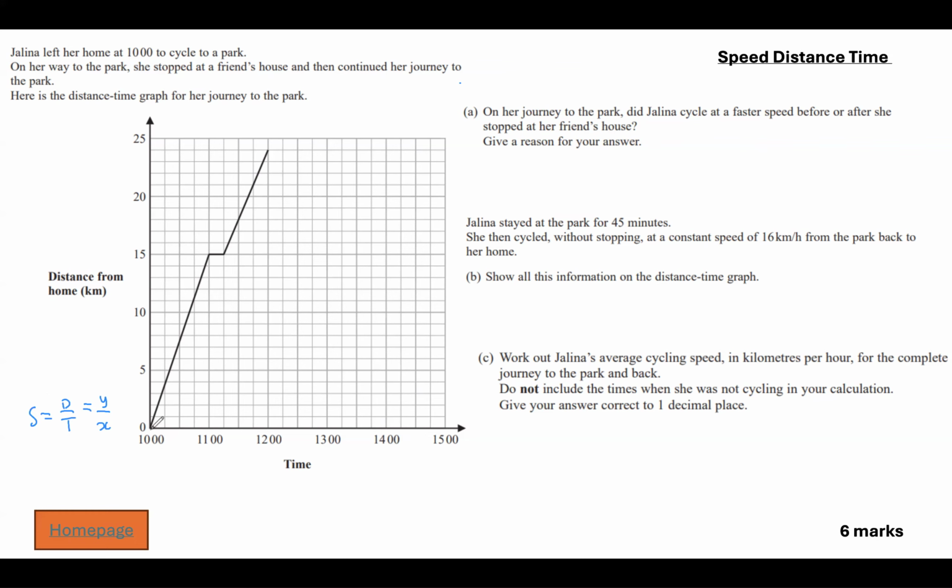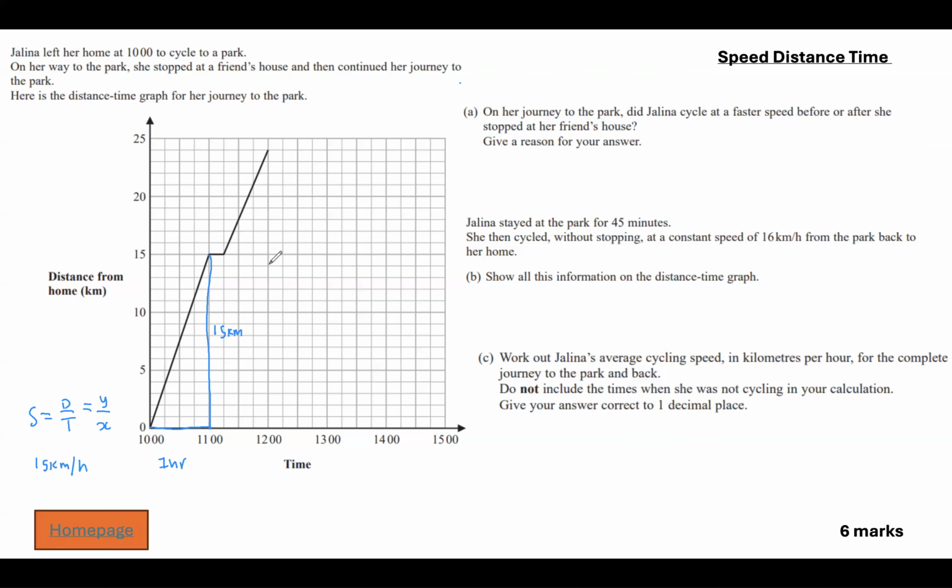So if we have a look at the gradient over here, in 1 hour, she travels a distance of 15 kilometers. So in the first part of her journey, it's 15 kilometers per hour.